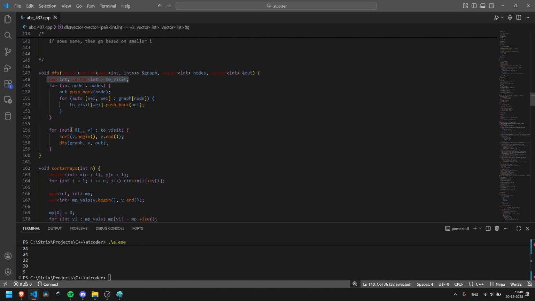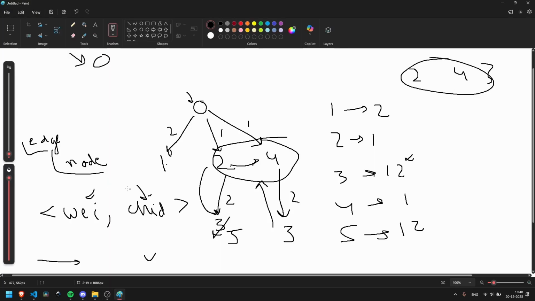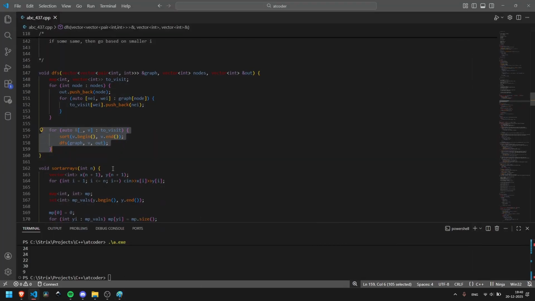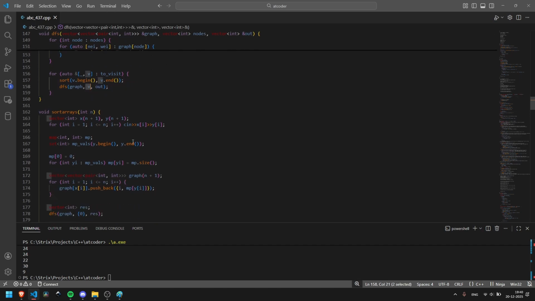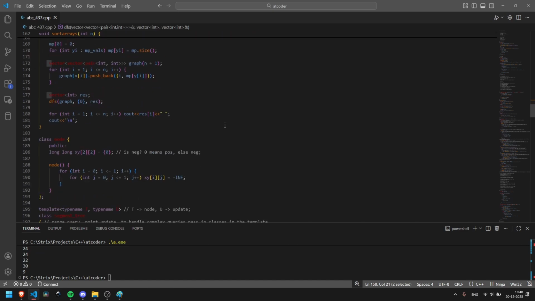Once this is done, for every key pair in increasing order of weight, since we want to go to the minimum weight first, we sort the corresponding nodes in increasing order, then we do a DFS with that set of nodes. We pass V here. So this was the implementation of E.